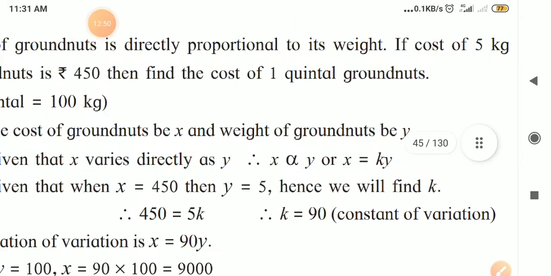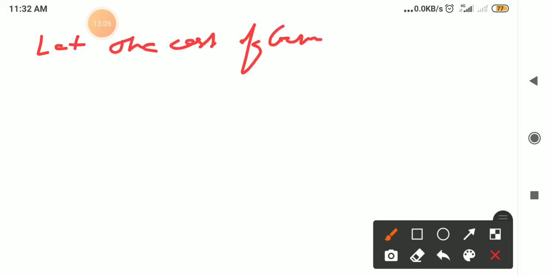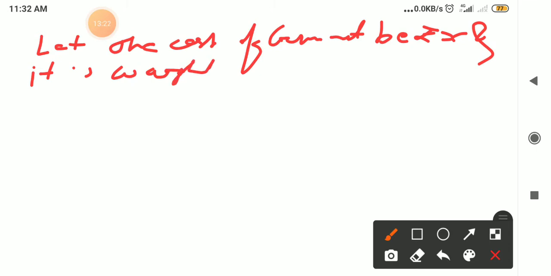Okay, so the cost of groundnut, here I will solve. Here we have to assume: let the cost of groundnut be x rupees, and its weight be y kg, right?